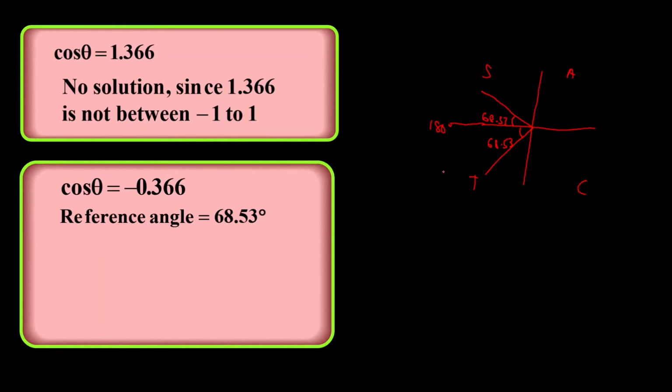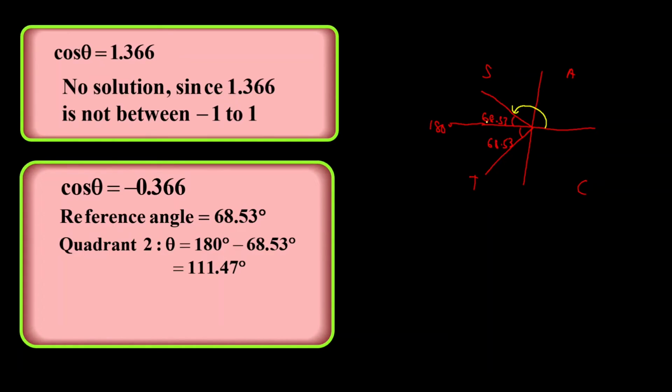So I'm going to need the quadrant. Sorry, let me get the color. So the angle that I need is from here until there. That one will be 180 degrees minus this value, so that will be my second quadrant.